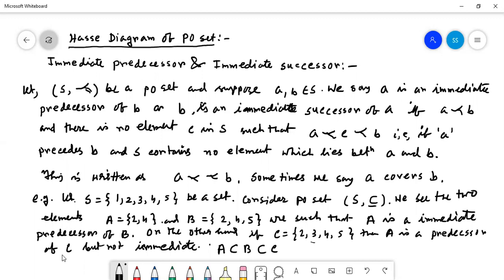A is also a subset of C, and B is also a subset of C, but B lies between them. So B is the immediate predecessor of C, but not A, because between A and C, B is there. Is it clear right now?